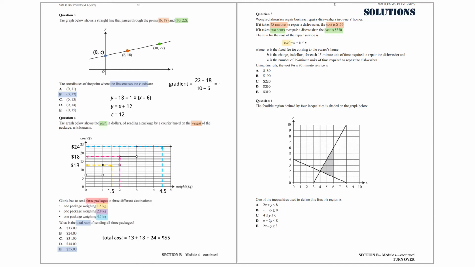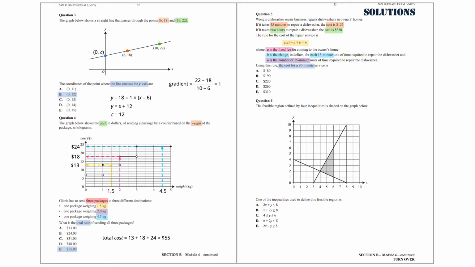The rule for the cost of the repair service is given below, where A is the fixed fee for coming to the owner's home, B is the charge in dollars for each 15-minute unit of time required to repair the dishwasher, and N is the number of 15-minute units of time required to repair the dishwasher. The question is asking, using this rule, to calculate the cost for a 90-minute service.